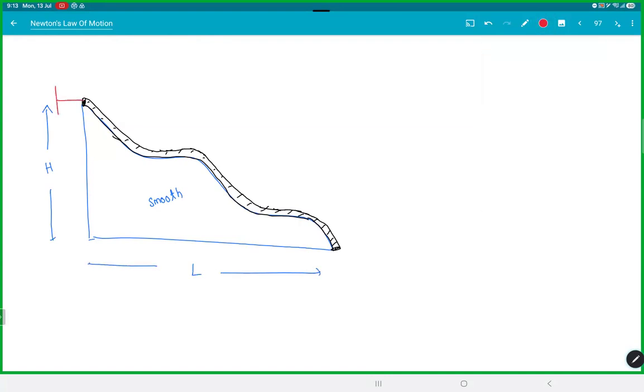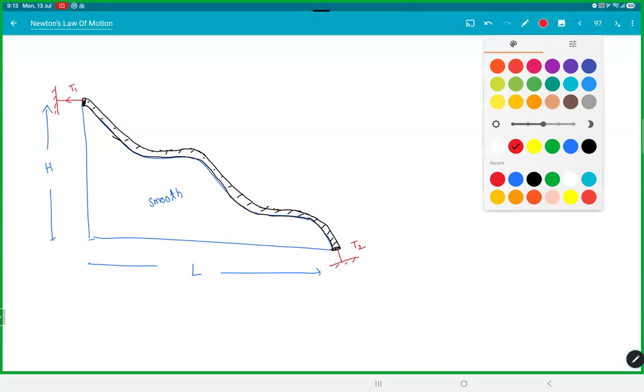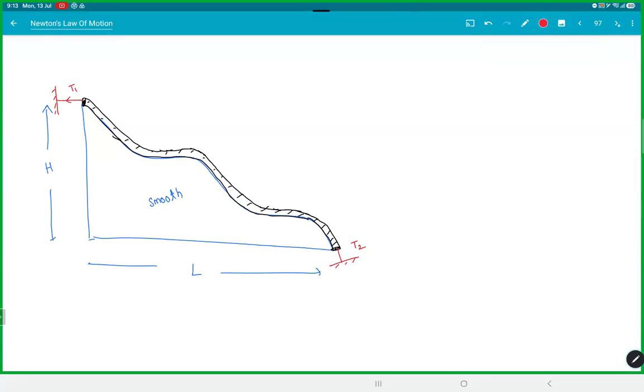And let's say this is tied by a string T1, and this is tied by a string T2, something like this. So this whole string is tight. So how do we do this? Same story. We consider a small piece here, ds. Now see, everywhere theta is changing. Here the tension will be T plus dT.